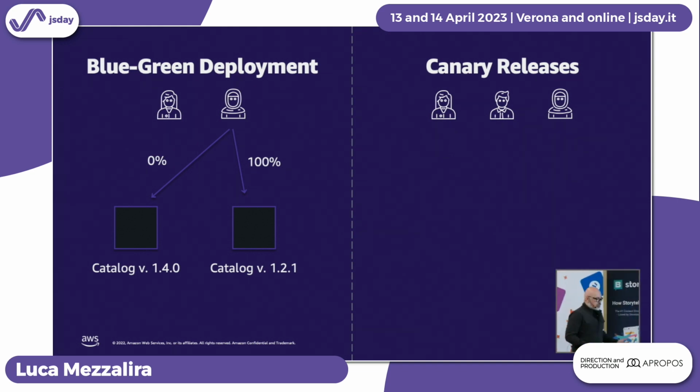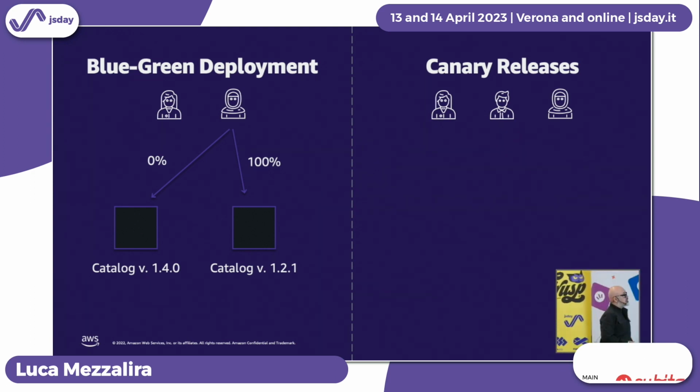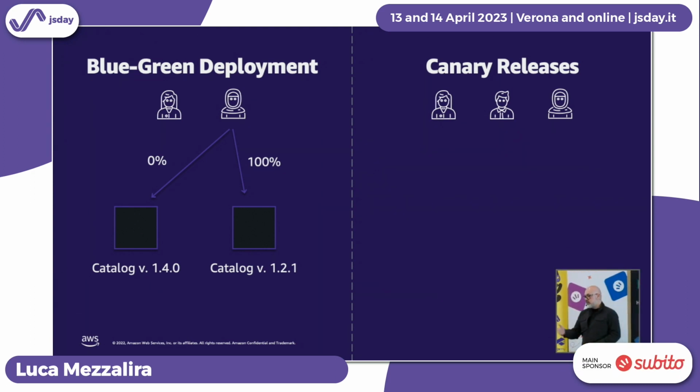Because nowadays we have a lot of things happening in our cloud providers or on-prem or wherever you are developing your application, you can handle the traffic patterns in the way that you want. A couple of examples. Blue-green deployment. We have catalog version 1.2.1 that is available to 100% of our customers.